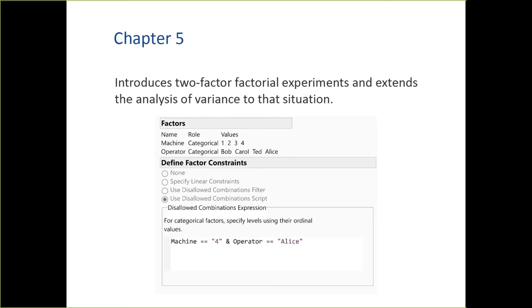One situation is where both of the factors are categorical, and how the classic analysis of variance works in that situation. We also talk about the case where one of the factors is categorical and the other factor is numeric. And that leads to some different alternatives in terms of how you might analyze the data. And then finally, we look at the case where both of the factors are quantitative, they're numeric.